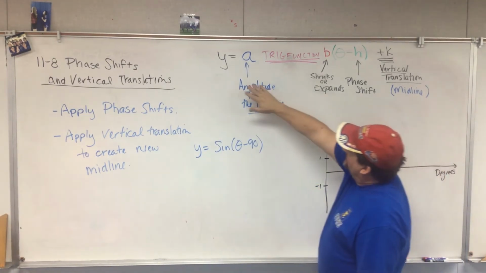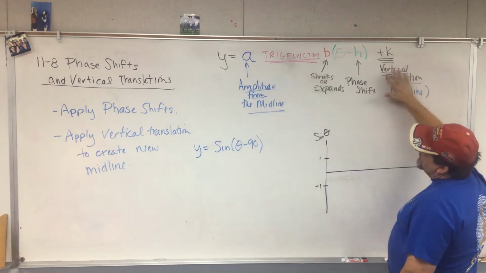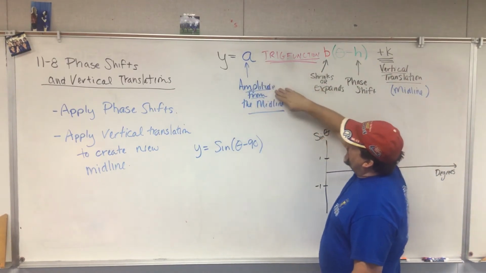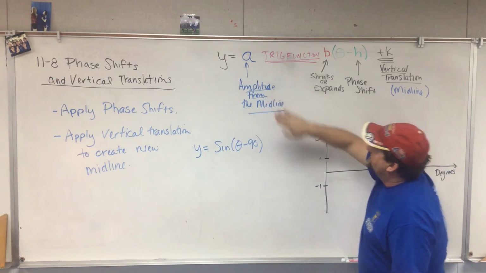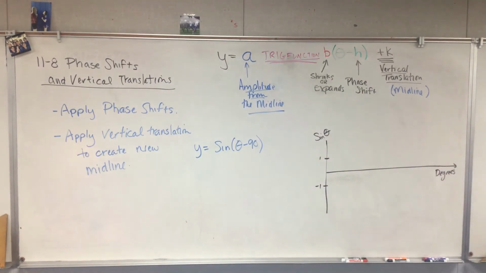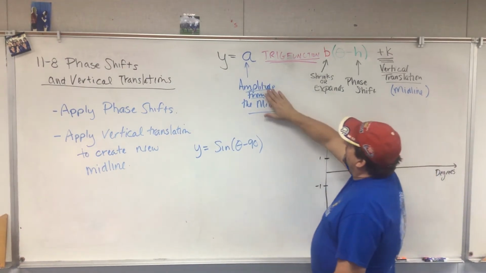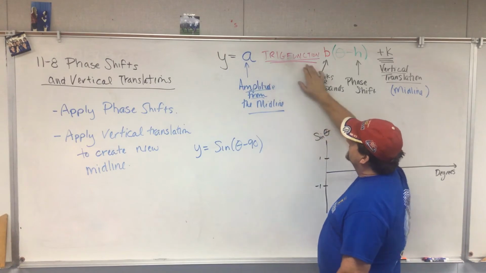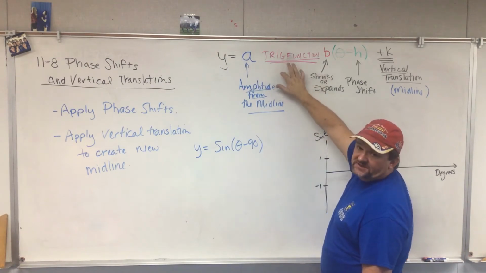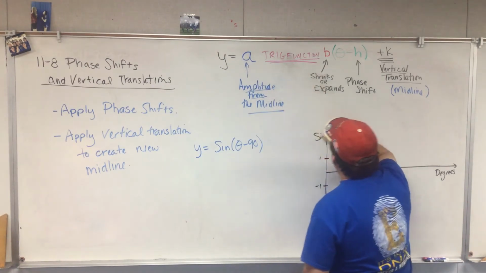So through this up here, right here for you guys, here's our A with our amplitude. I'll step back and you guys can pause it and write it down if you want so you can listen. And then our trig function can be either sine, cosine, tangent, cosecant, secant, whatever we're working with.